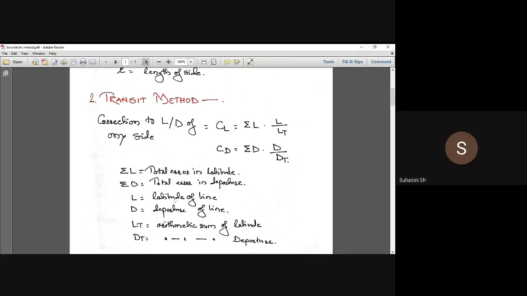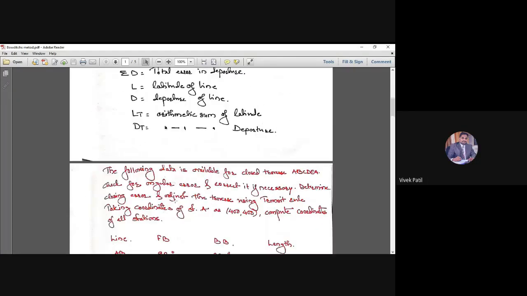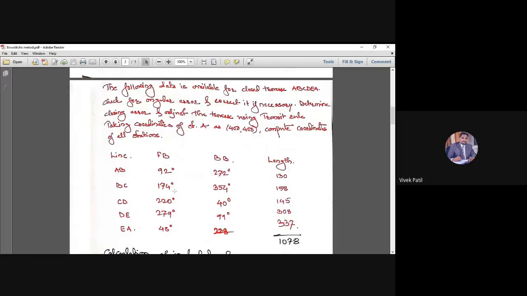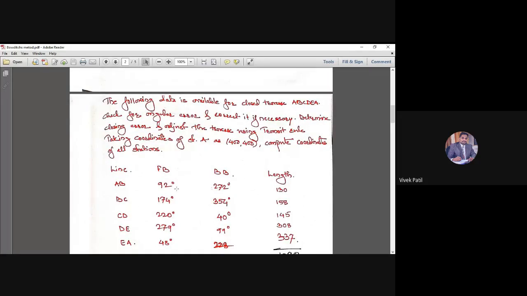Yes, sir. So just take down this numerical. It is the same numerical we solved earlier, but I have changed it.